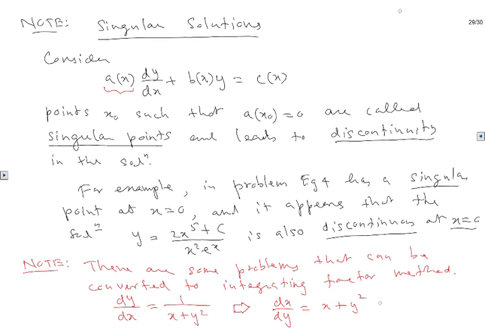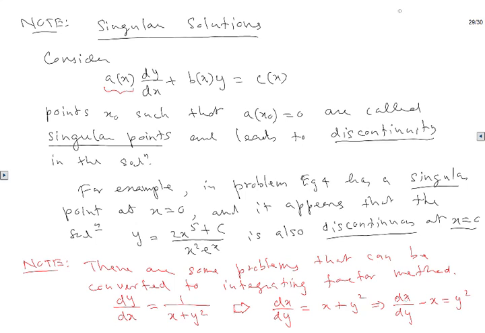Okay, so this can be an integrating factor problem, because you can rewrite it as dx over dy minus x equals y squared. This is a nice simple problem that you can try. It is an integrating factor problem again, but not with respect to x, but with respect to y.